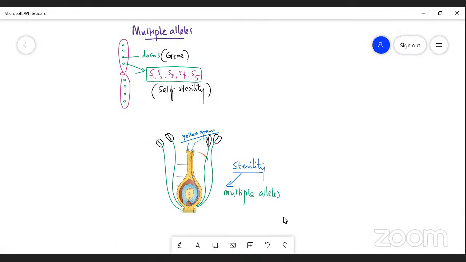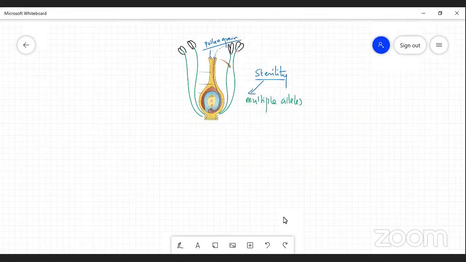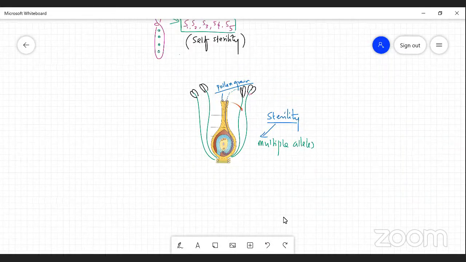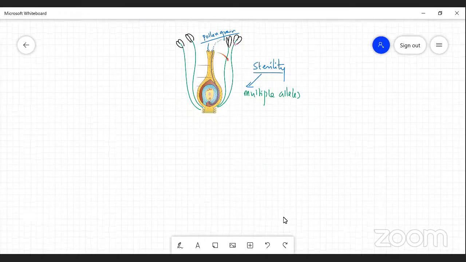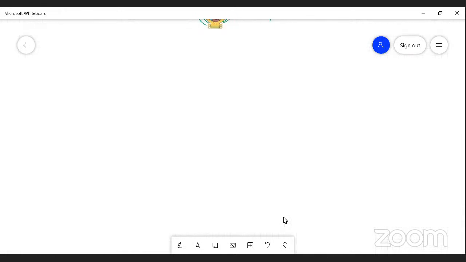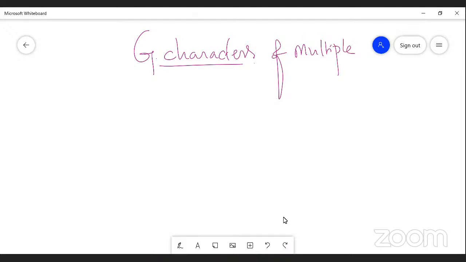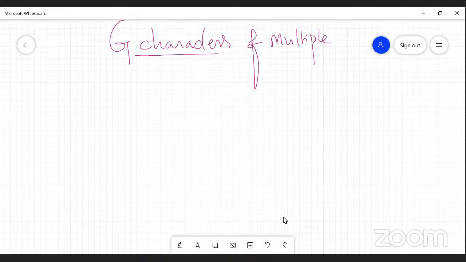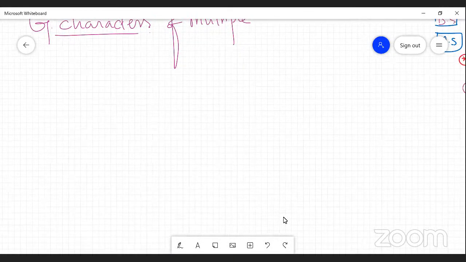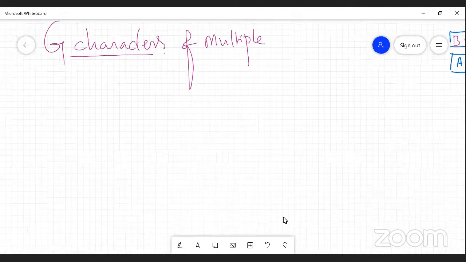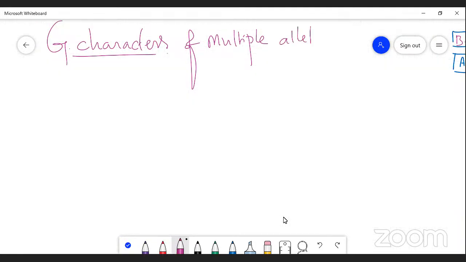Okay. Next we pass on to the general characteristics of self-sterility or multiple alleles. My dear students, it is a very interesting area. Please understand and follow me. What are the general characteristics?